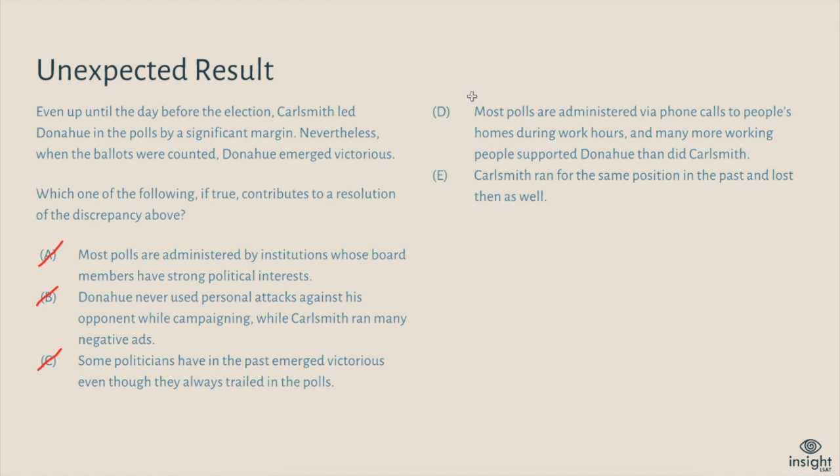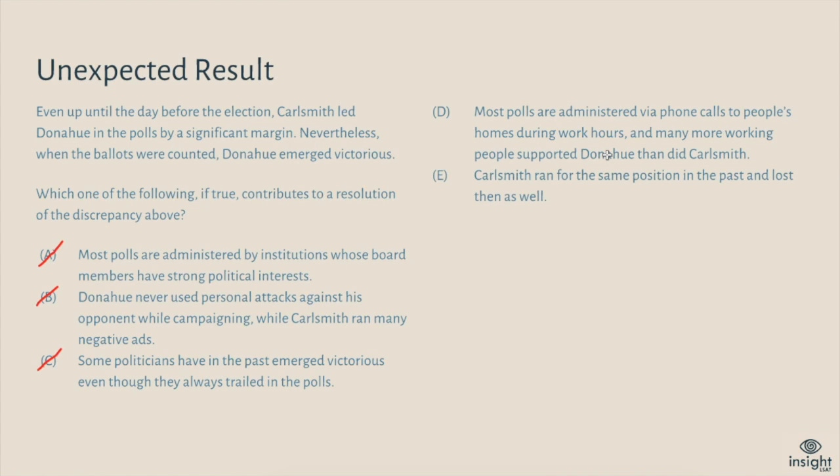D. Most polls are administered via phone calls to people's homes during work hours, and many more working people supported Donahue than did Carl Smith. Okay, this one's about polls. Let's see here. The polls are administered during work hours, and a lot of the people who are working support Donahue.